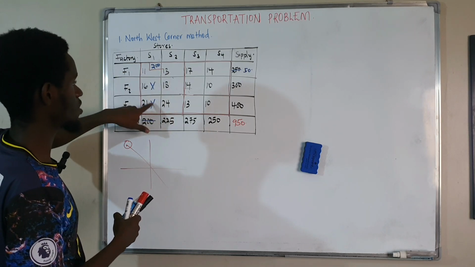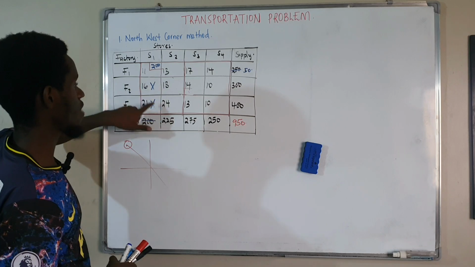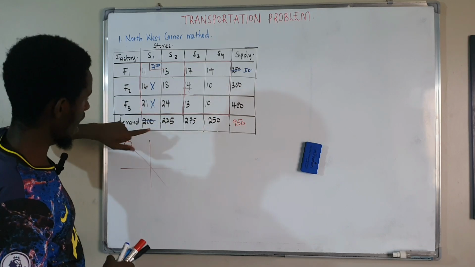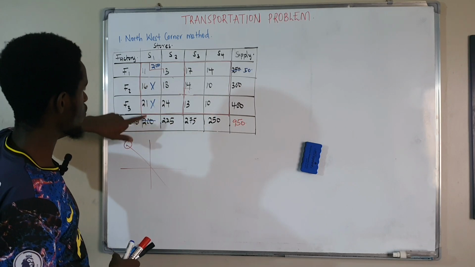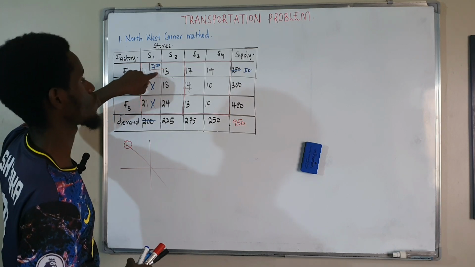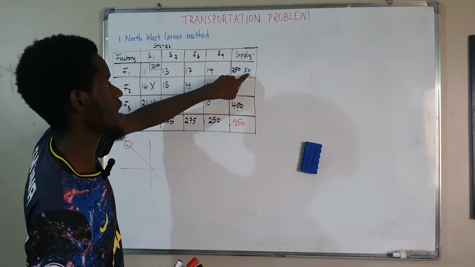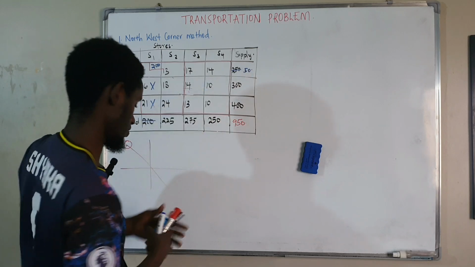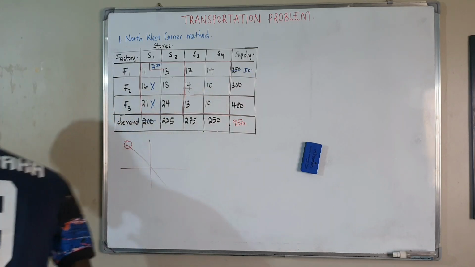Therefore, I have to cross out these other boxes, and since factory 1 has already supplied the 200 to store 1, it will be left with only 50 units to supply. I think I'm clear on that step.